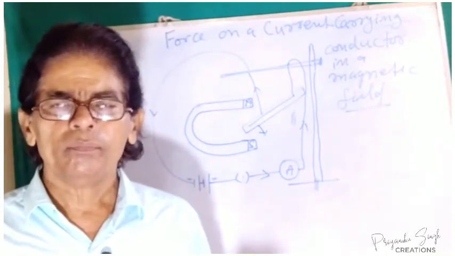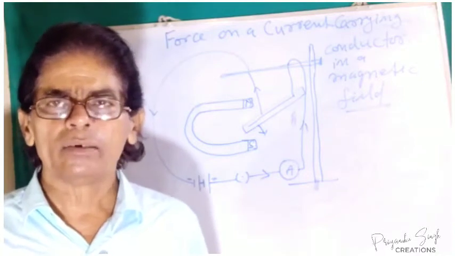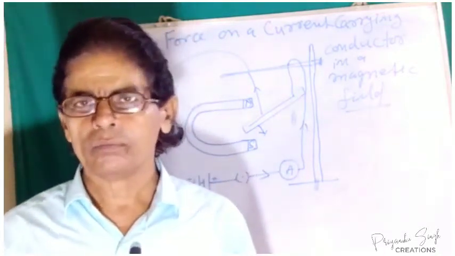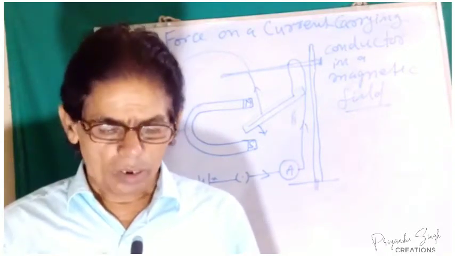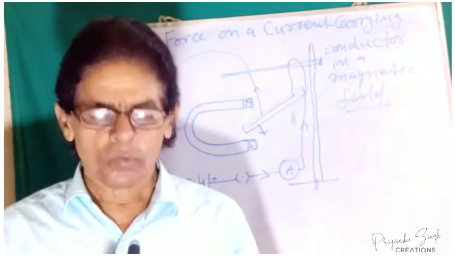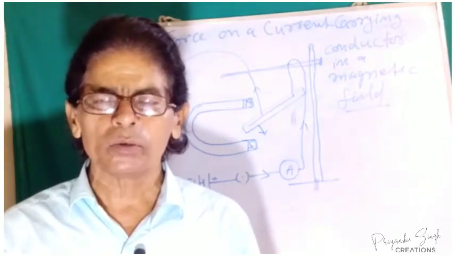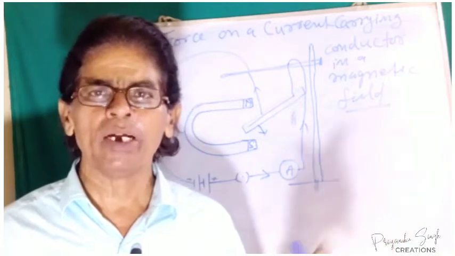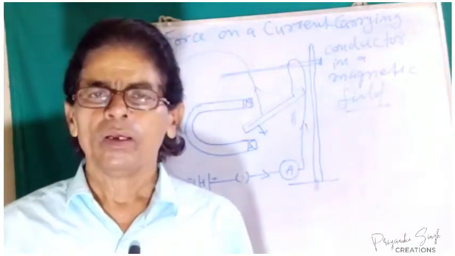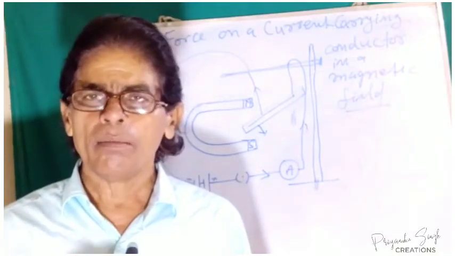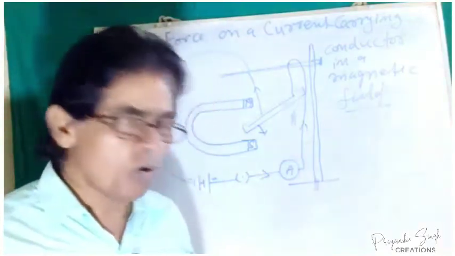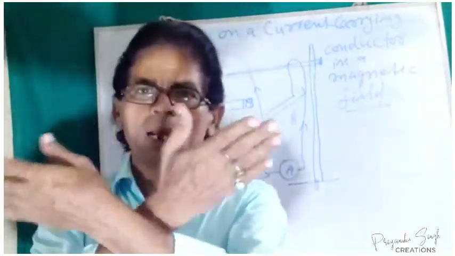Now, from this observation, we have observed that there are forces acting at right angles to each other. One is the magnetic field due to the permanent magnet, that is the U-shaped magnet, and the other is the magnetic field developed due to the current carrying conductor. These two act on each other at right angles.